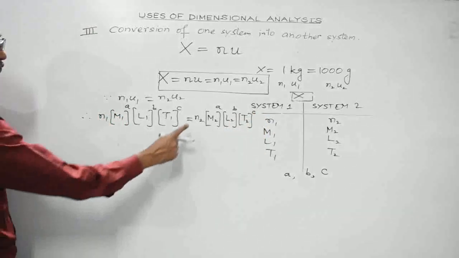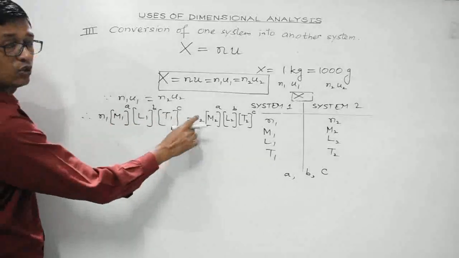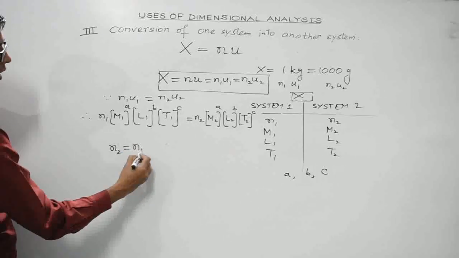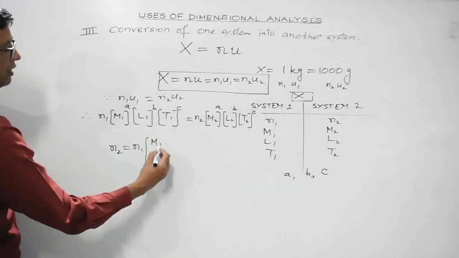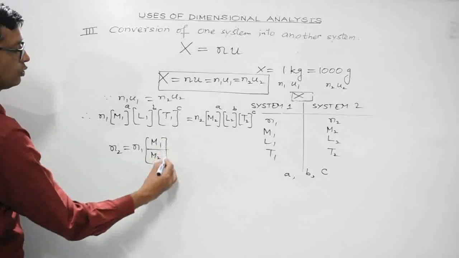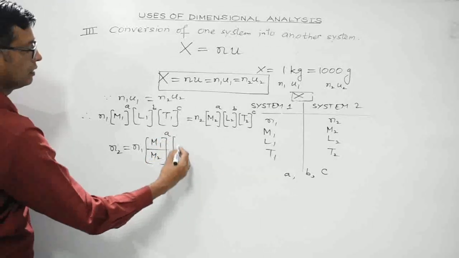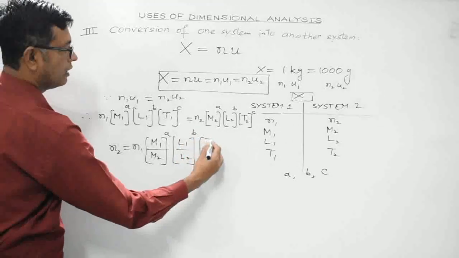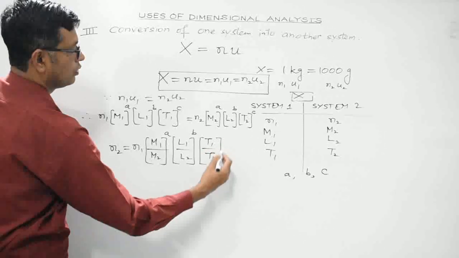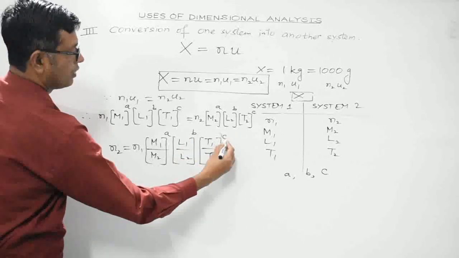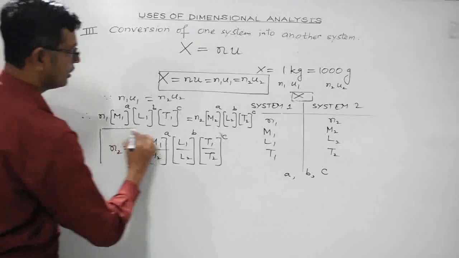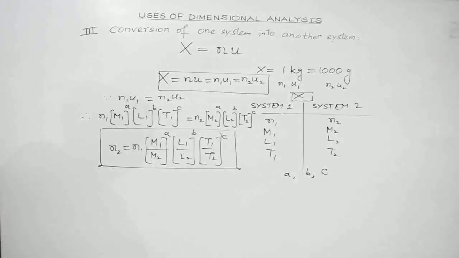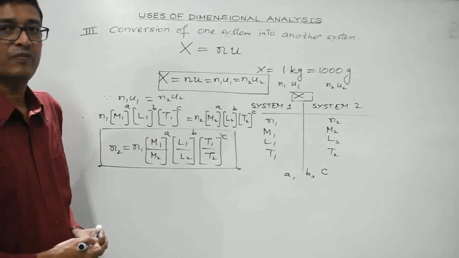Right? We need to find out if N1 is given, N2 is to be found, then the formula for the N2 would be N1. Simply rearrange the terms. What do we get? M1 by M2 to the power A, L1 by L2 to the power B, and T1 by T2 to the power C. So this is the formula which we can use to convert from one system into another system.